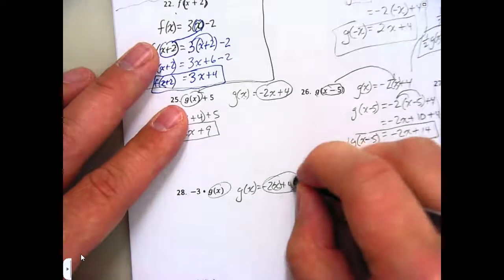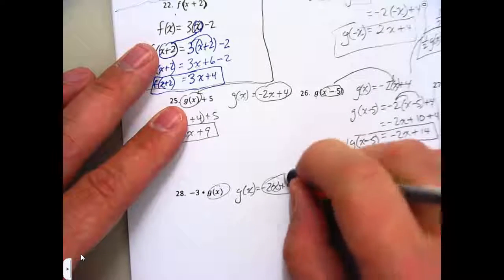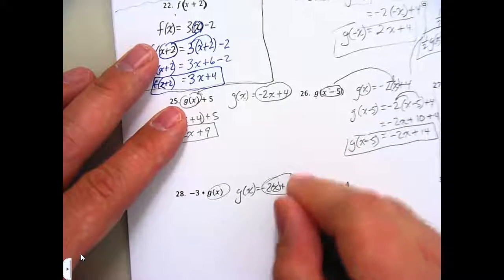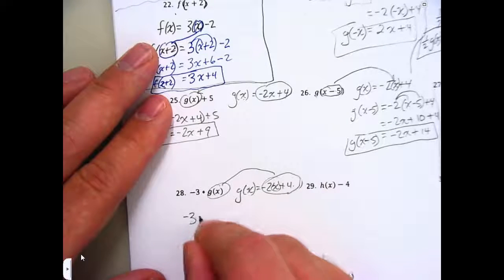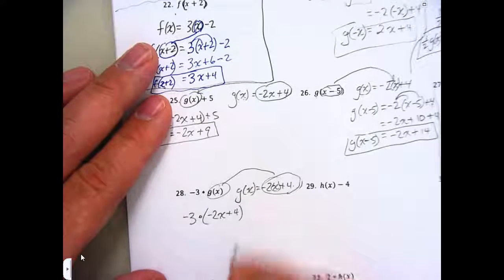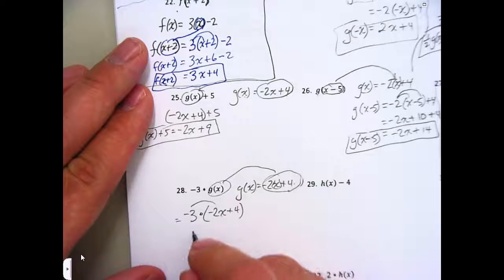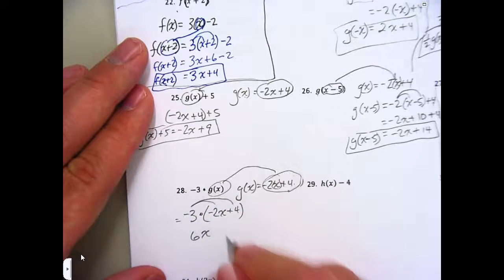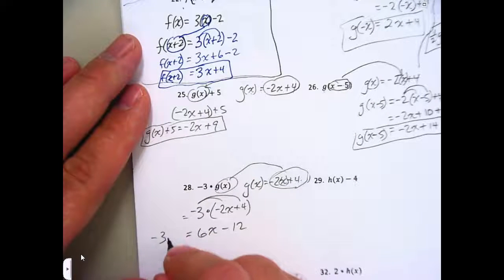I'm going to replace g of x with that function, negative 3 times negative 2x plus 4, which gives me 6x minus 12. So negative 3 times g of x is equal to that.